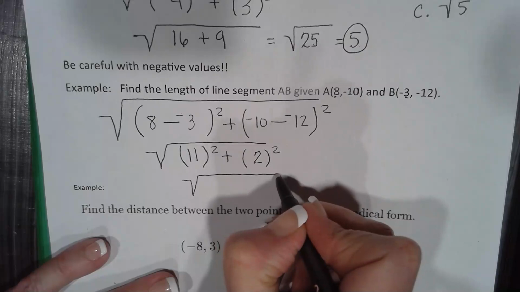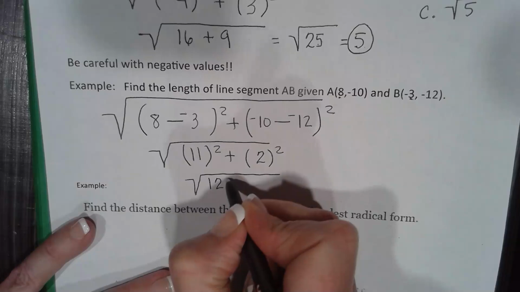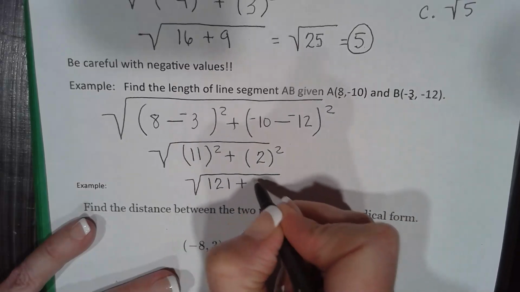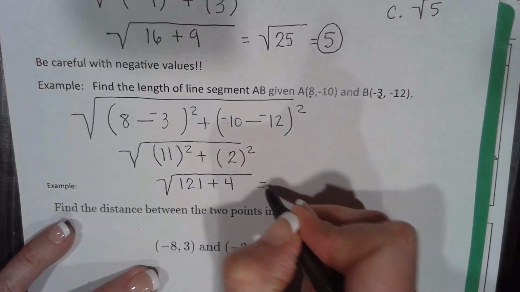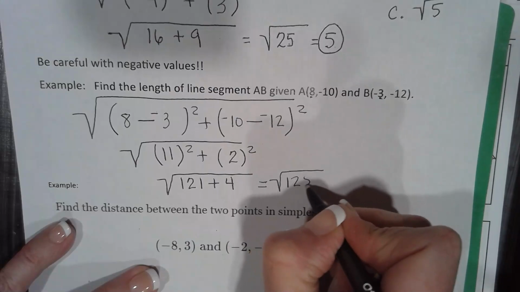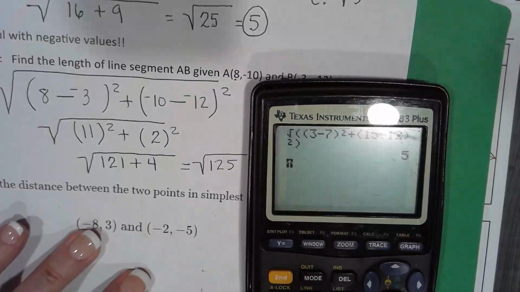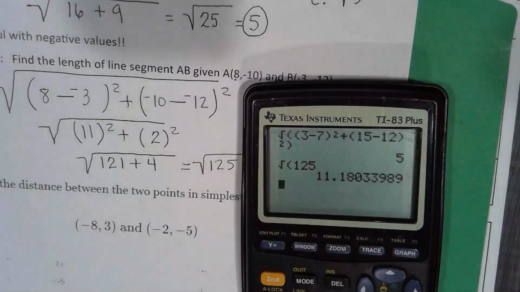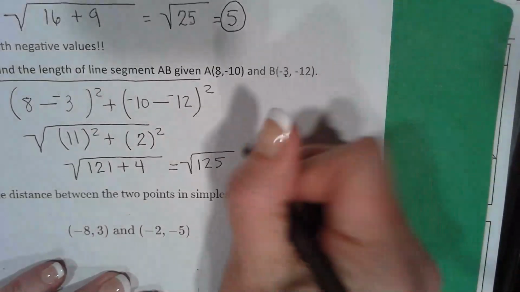Still carrying our square root symbol down. 11 squared is 121. 2 squared is 4. And now we're going to add those together. We get 125. And we've got the square root of 125. We get 11, and you can just say 11.2 is fine.